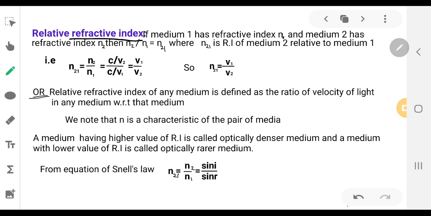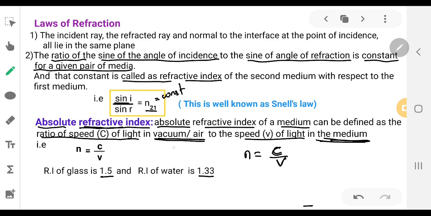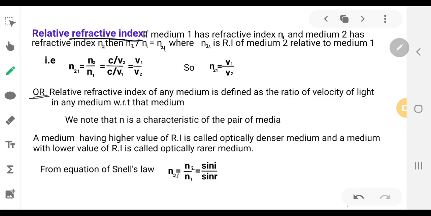So the next concept is relative refractive index. Relative means in comparison, so we are comparing two media. Here we compared the velocity of light in air and any medium. In relative refractive index, we are comparing the velocity of light in two media.